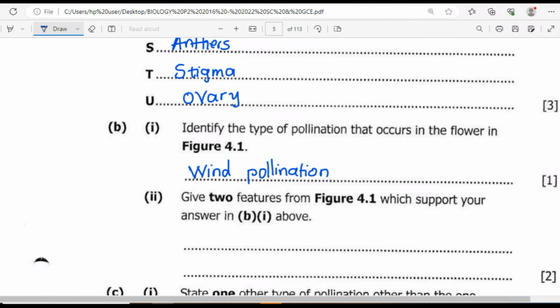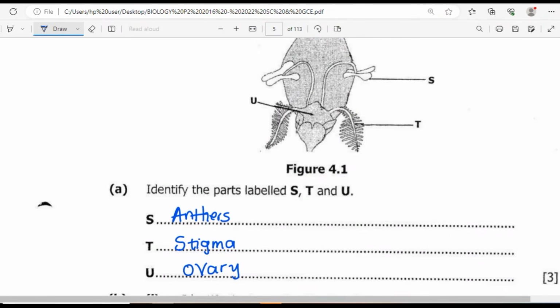Now, give 2 features from figure 4.1 which support your answer in B1 above. We can see that we have long filaments. Not only that, the anthers are above this. So if the wind were to blow, if this shakes, then these will be able to fall on this.